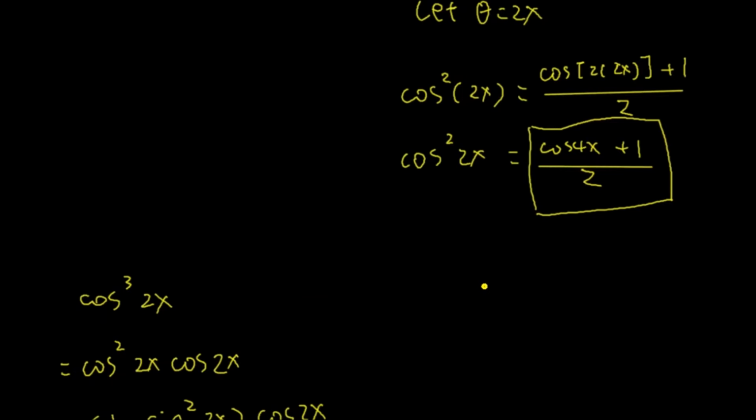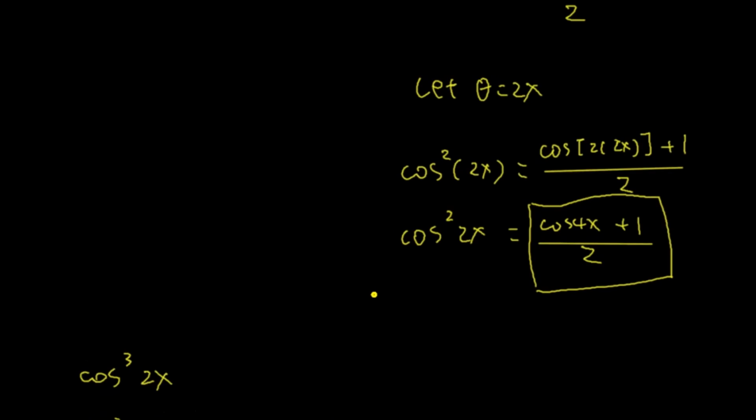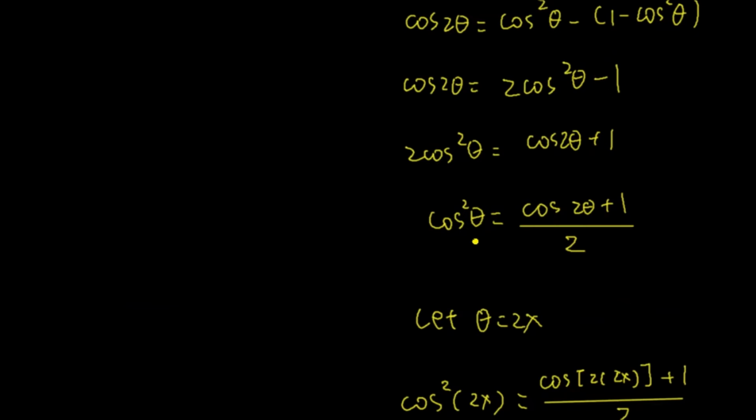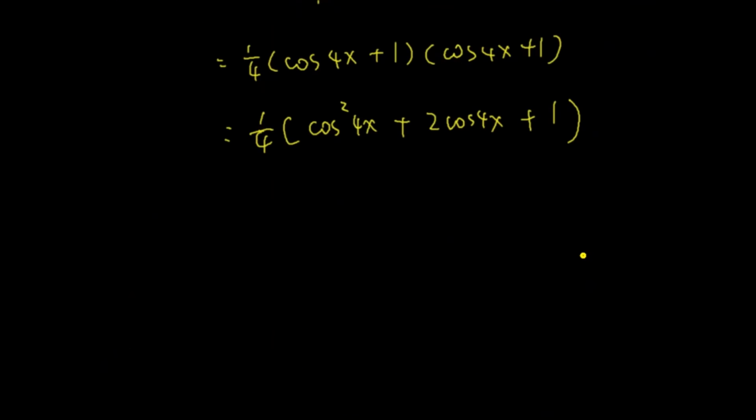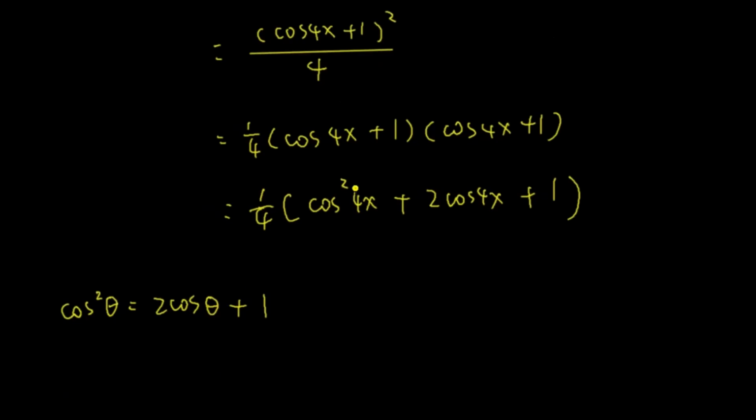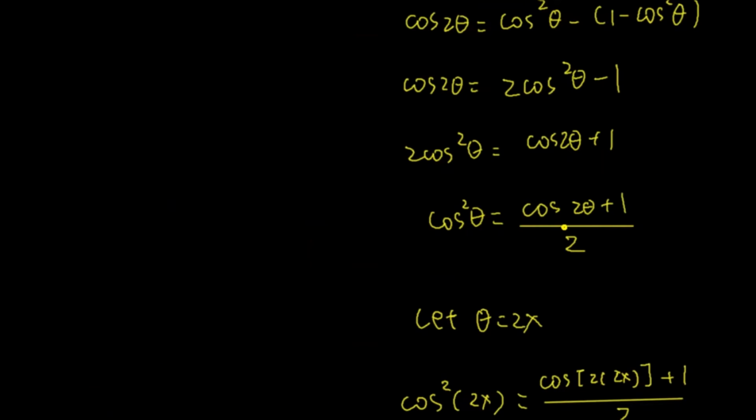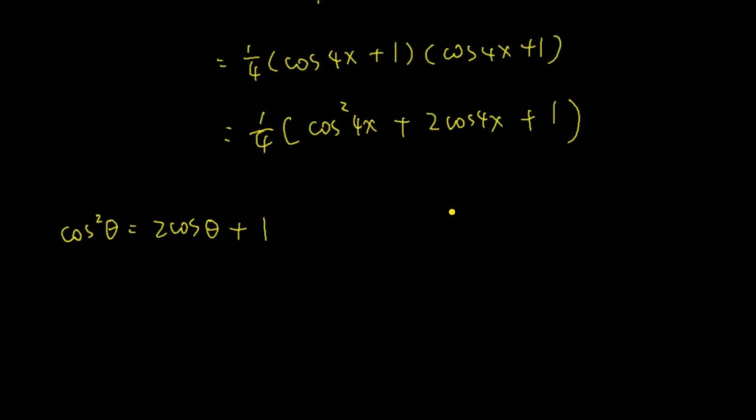Well, we have cosine squared theta equals (cosine 2 theta plus 1) over 2, so we can use this. Divide by 2.